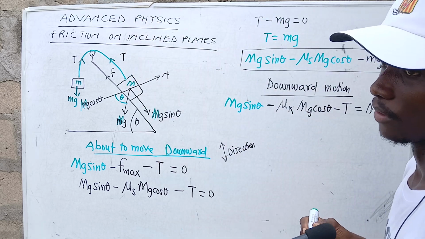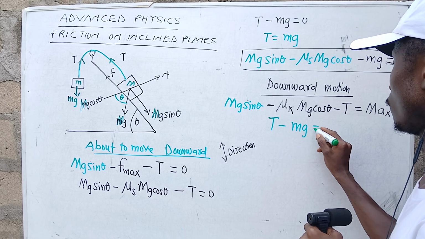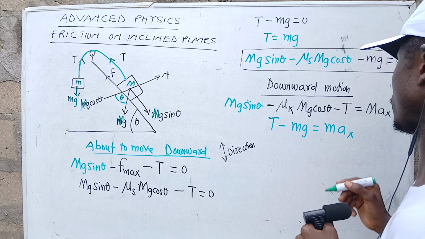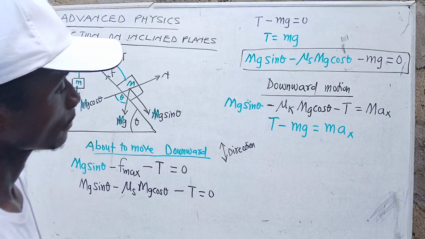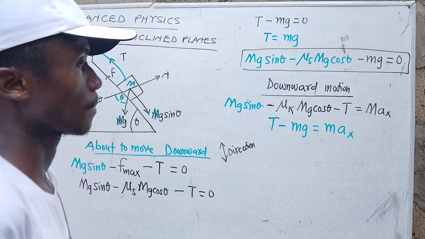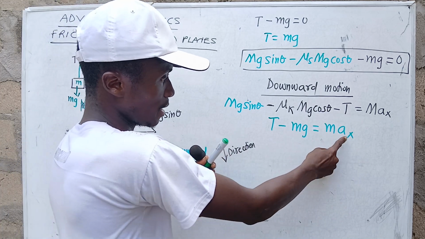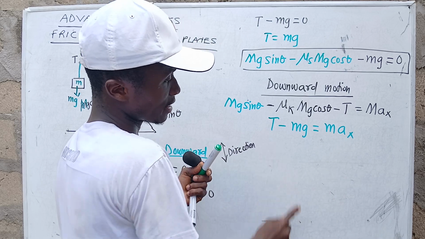That's the first equation. For the second, you have T minus mg will be equal to ma_x. That is equation 2.